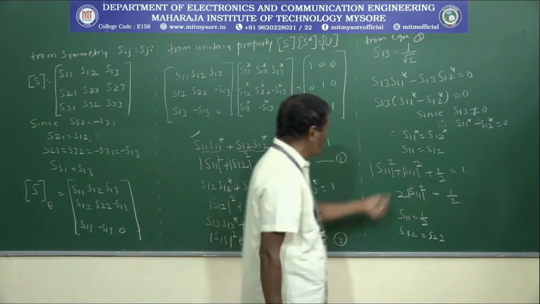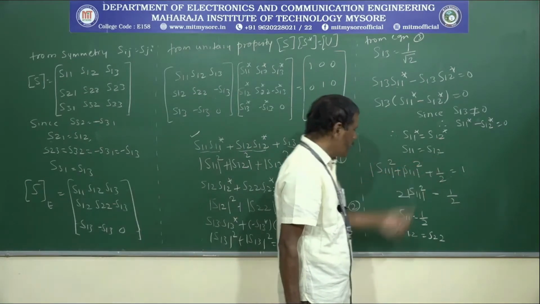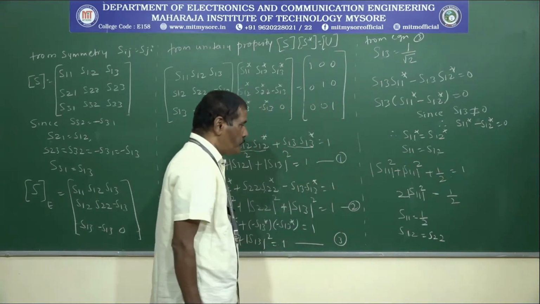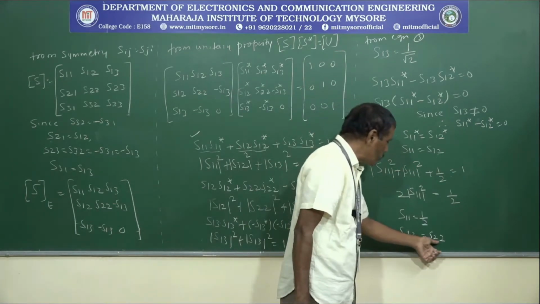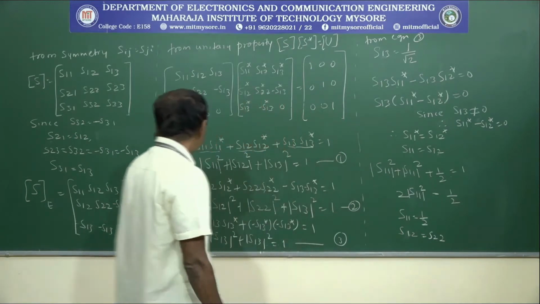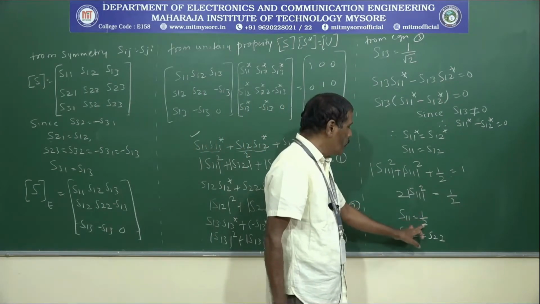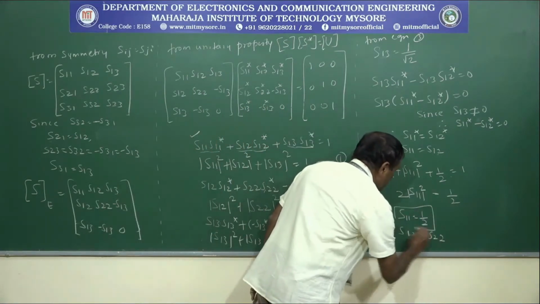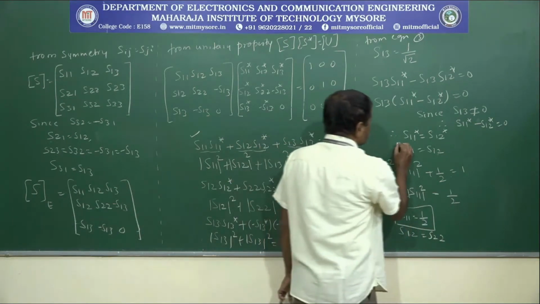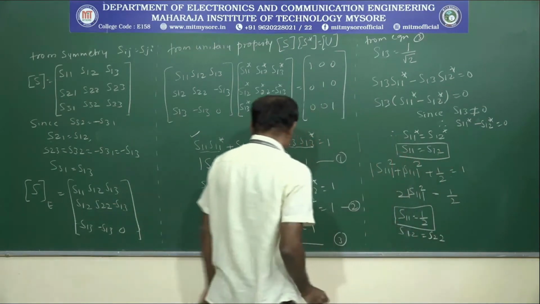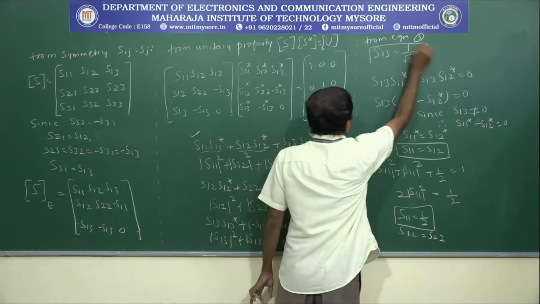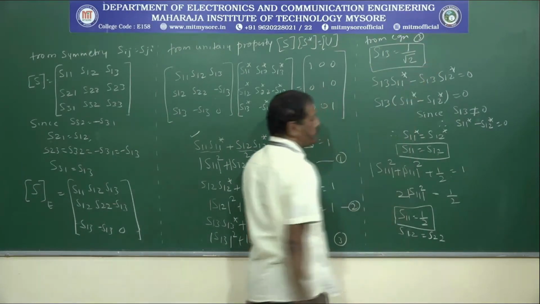And also you know that S11 equal to S12, and S11 is also equal to S22. So S11 is equal to 1 by 2. This is the value we got, and this is S11 equal to S12. And this is another value we got.